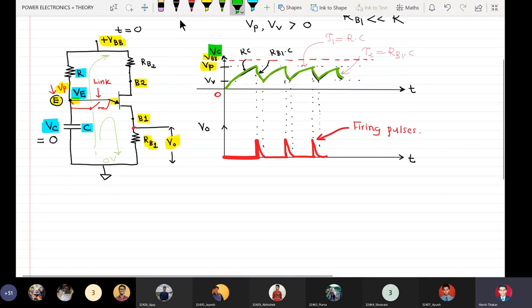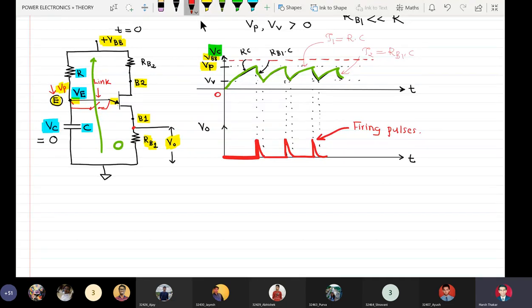It's very simple. Again, we'll erase some things here. When the link is open, the capacitor starts charging. That is why, when the capacitor is charging like this, the voltage VO is equal to 0.